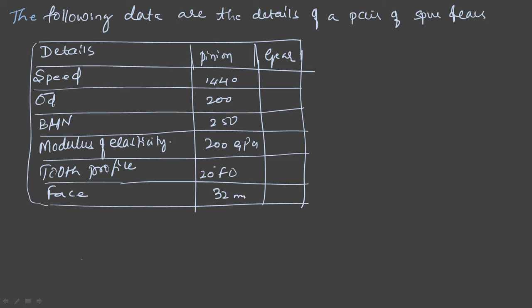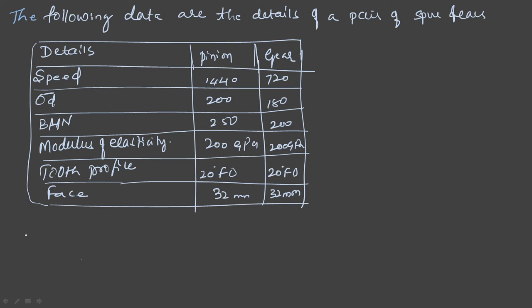Face width is 32 mm. For the gear it is 720 rpm. Allowable bending stress is 180. Hardness is 200. Again it's 200 GPa. This is 20-degree full depth and face width is 32 mm.